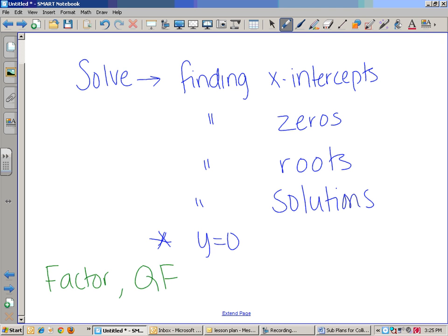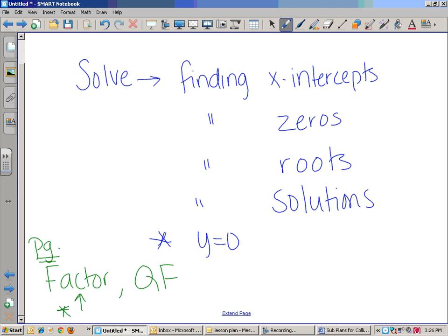When you flip over page 1, you're going to see page 2, and page 2 is going to require some rearranging before you can factor.